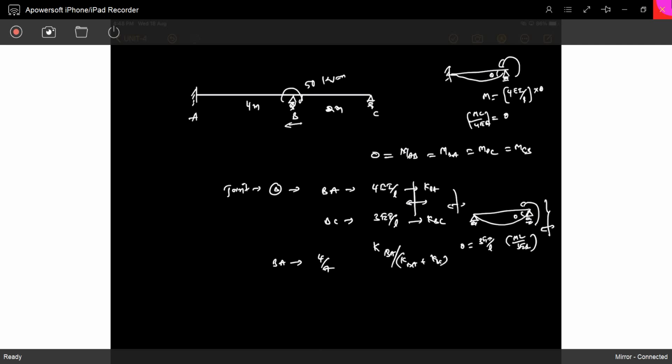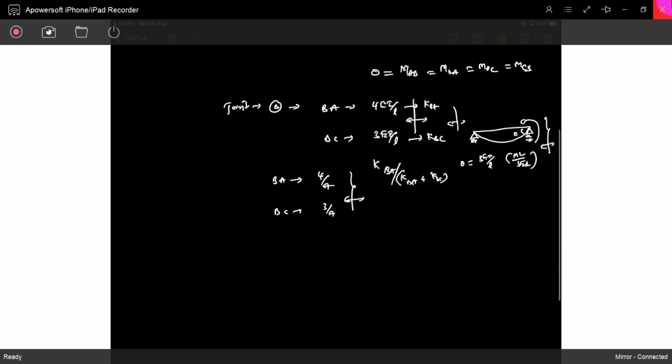So this is 4 by 7, and this is 3 by 7. Later, when you are doing more calculations, you can directly write the distribution factor.